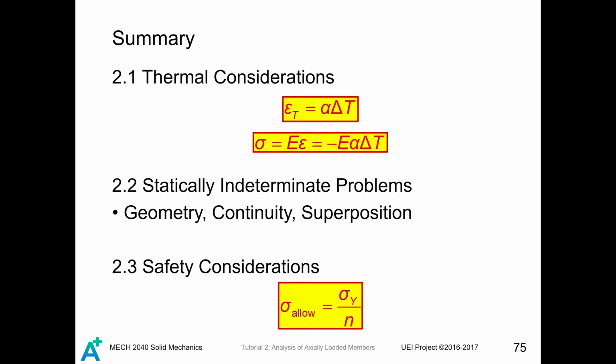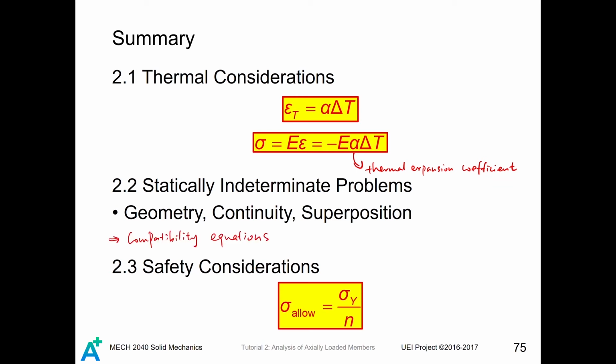Let's do a brief summary of this tutorial. Firstly, we discussed the thermal considerations in the axially loaded member. We discussed the thermal expansion coefficient and the change of temperature. Also, we discussed the statically indeterminate problems. We try to find the compatibility equations by using geometry, continuity, and superposition.